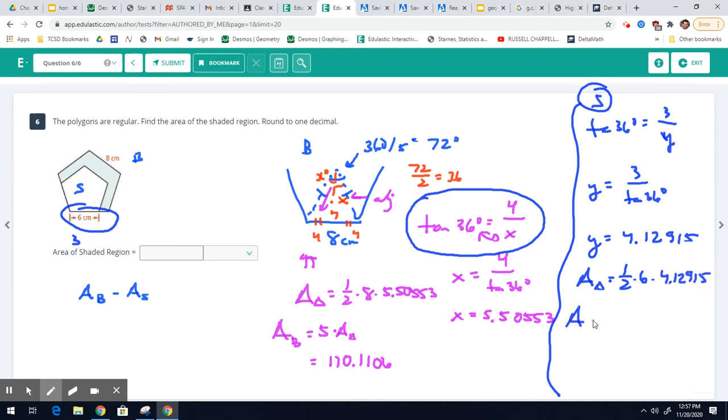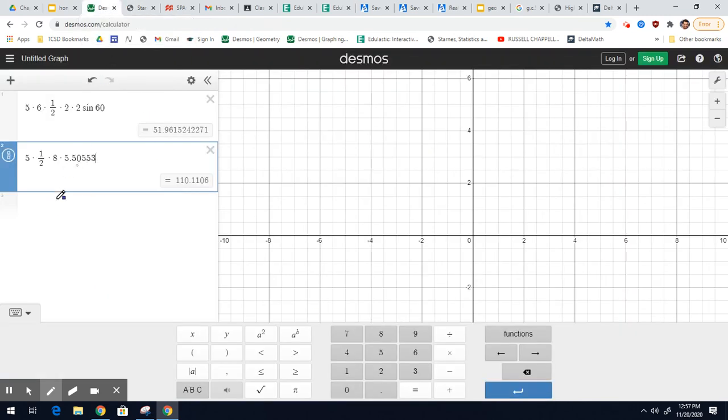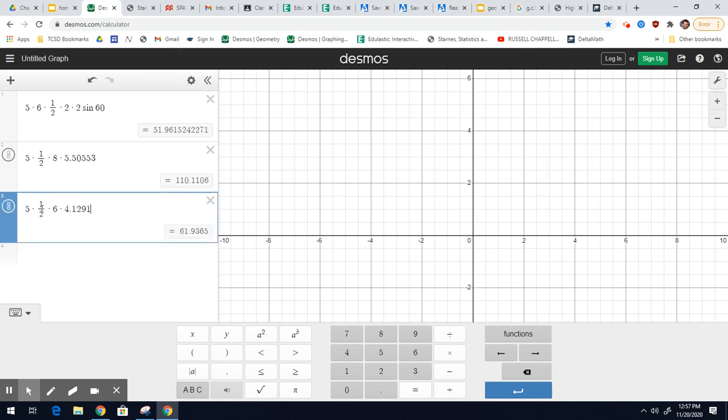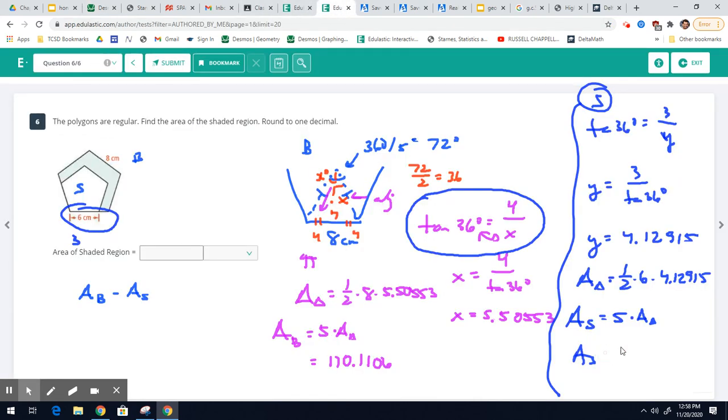And to find the area of the small pentagon, we're going to take 5 times the area of one of the triangles. So what is the area of the small pentagon? Well, let's go do that now. So I'm going to take 5 times 1/2 times the base, which was 6, times the height, which we found to be 4.12915. And I got 61.93725. So that's the area.